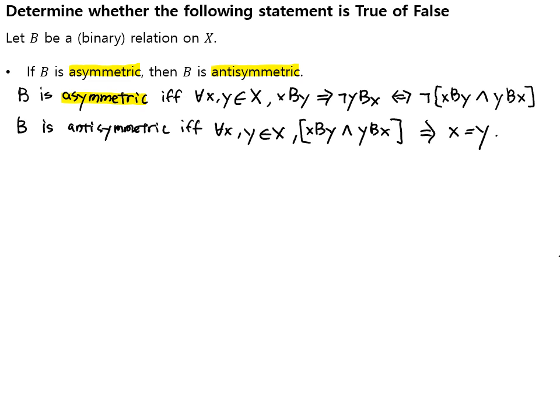Okay? So this is the definition of anti-symmetry. Look at this for a moment and you'll discover something.